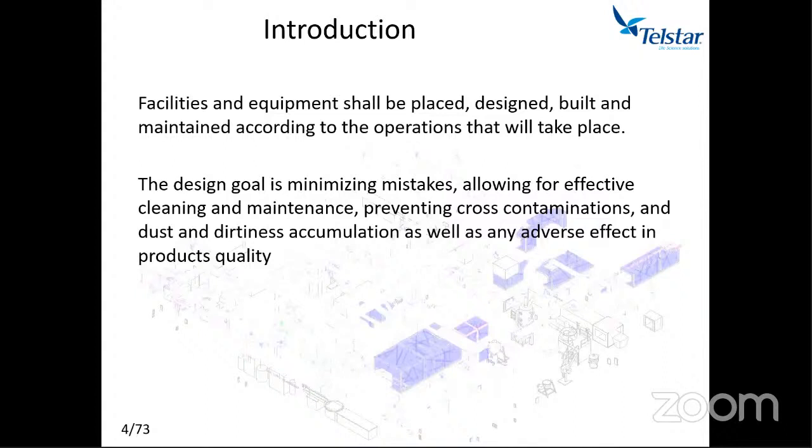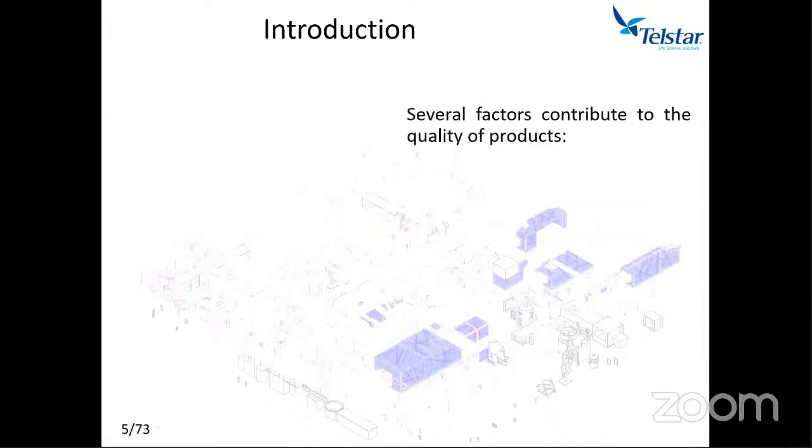Also, with a good design we want to prevent cross-contamination, as I have explained in this example, dust, dirt accumulation, and any adverse effect on product quality. So the design is important to have better product quality. There are several factors that contribute to the quality of products, and this is something we have to take into account. Of course, the quality of the materials we are using to produce, starting materials and packaging materials.